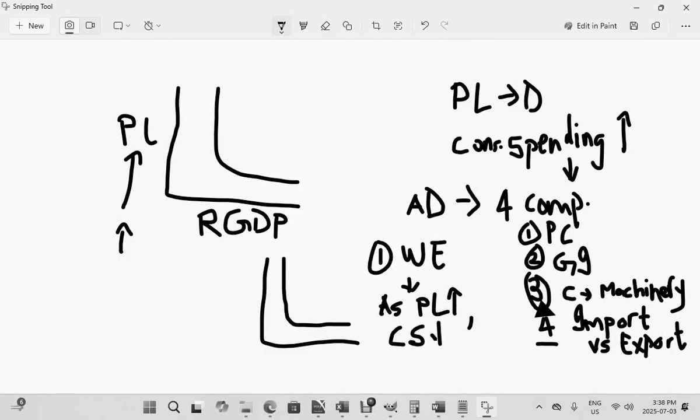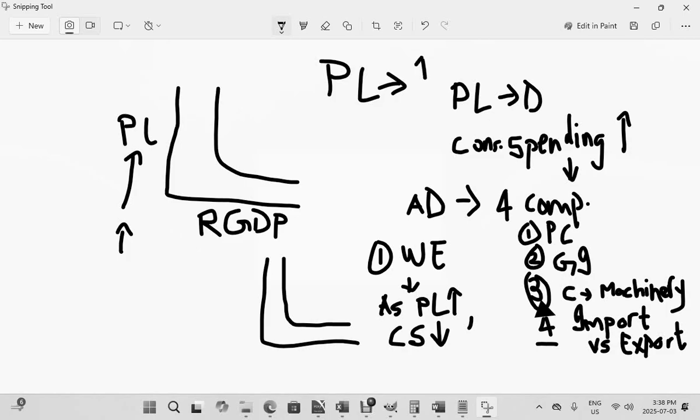And because your consumer spending goes down, there is less aggregate demand, so the aggregate demand is reduced. There's less money being circulated in the economy, the economy shrinks, and the inflation rates may go up. Because, as we've learned, the price level of the basket of goods will lead to high inflation rates.